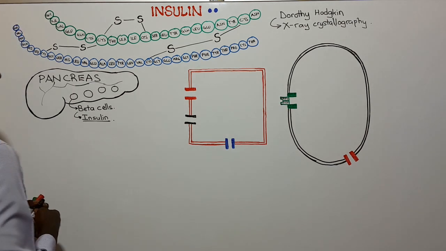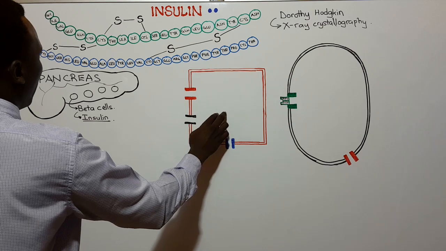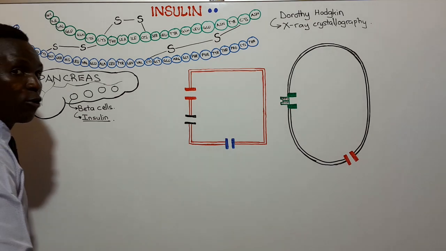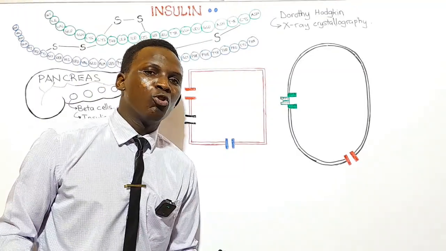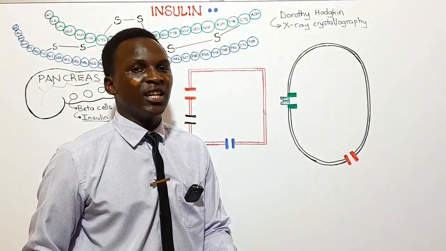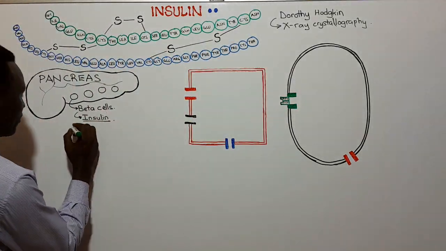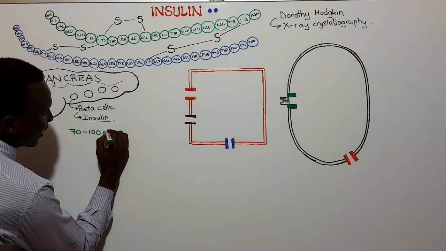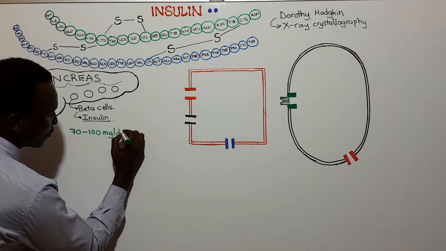Then, this is a structure of a beta cell. If we extract the beta cell, this is how it will be. But before doing that, I want us to first focus on an important concept: the blood glucose level. The normal blood glucose concentration in your body is 70 to 100 milligrams per deciliter of blood. If you take a drink, this will increase.